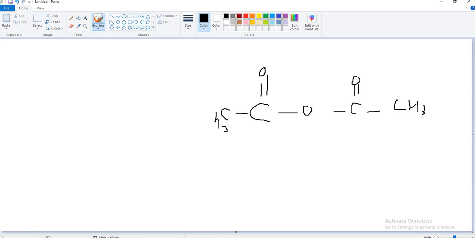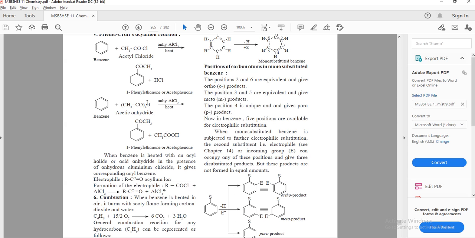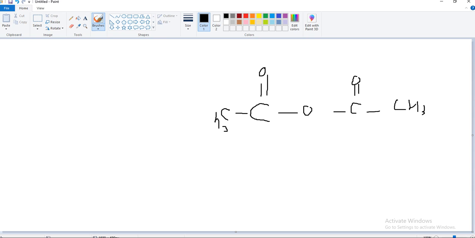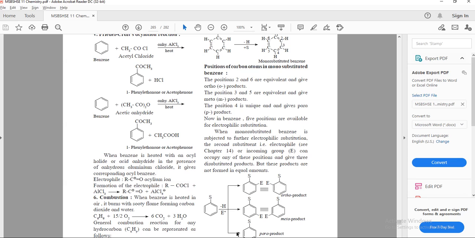These two groups are connected by the oxygen atom. Yes, this is acetic anhydride. It is treated with AlCl3 and forms 1-phenylethanone, acetophenone.